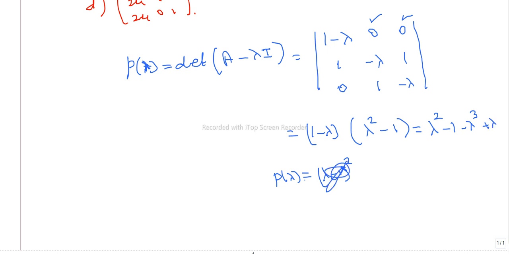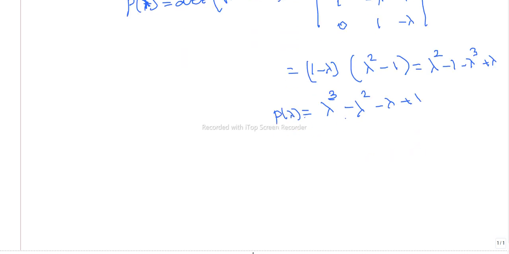You can adjust the minus sign, or take the determinant of lambda I minus A. So you will get lambda cube minus lambda square minus lambda plus 1. This is the characteristic polynomial.